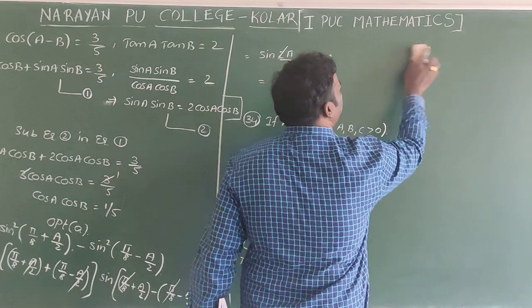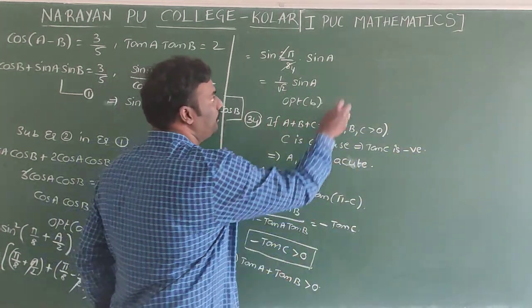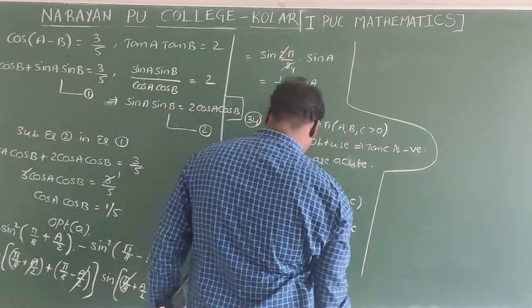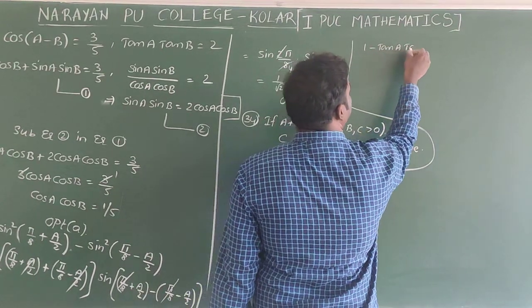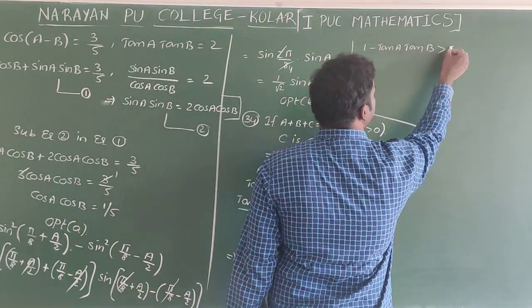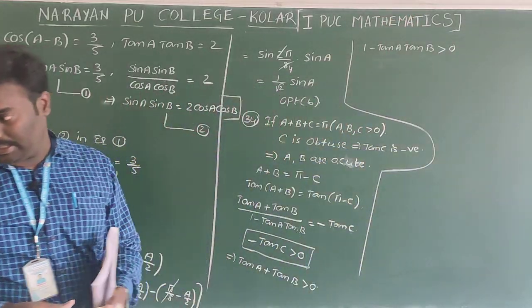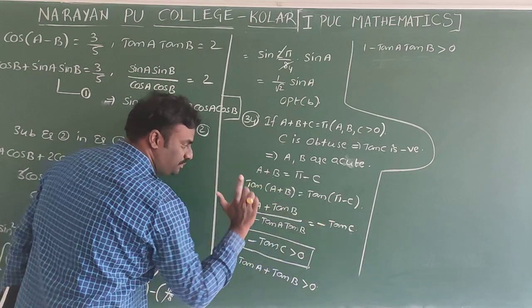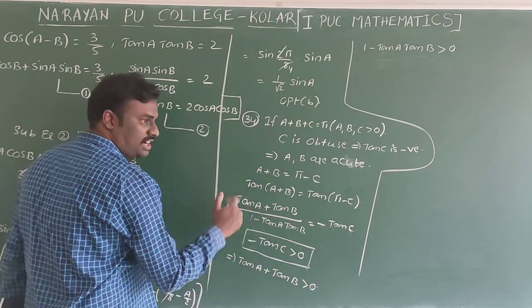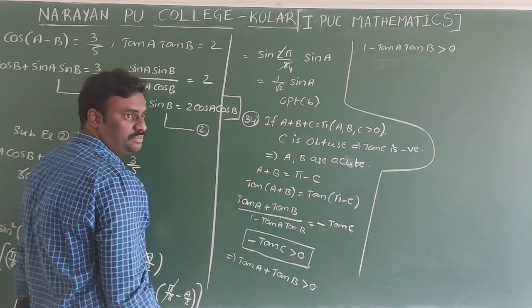That's why I can write 1 minus tan A tan B is greater than 0. Once again, listen. Here we got the RHS value is positive. In this fraction, the numerator is also positive.